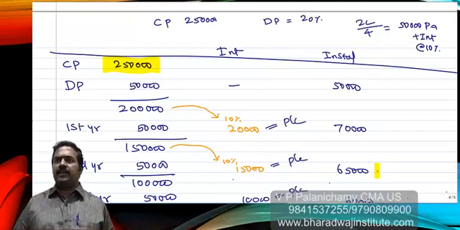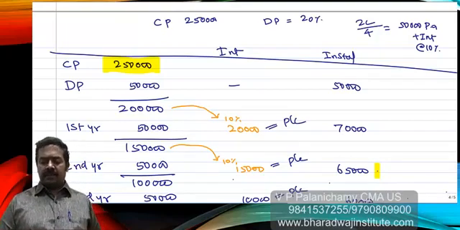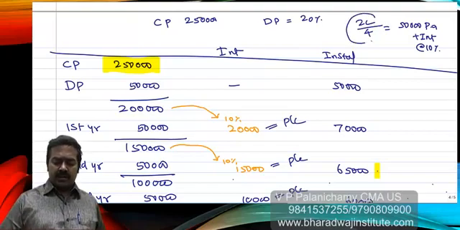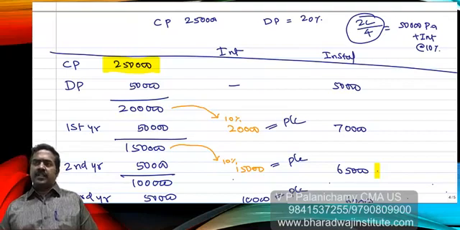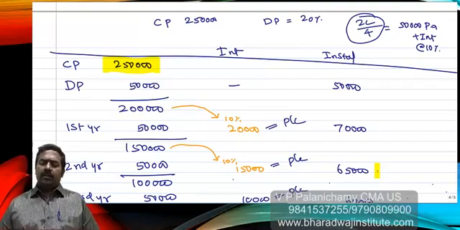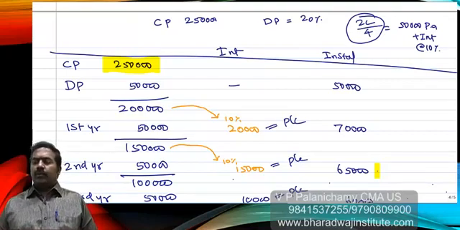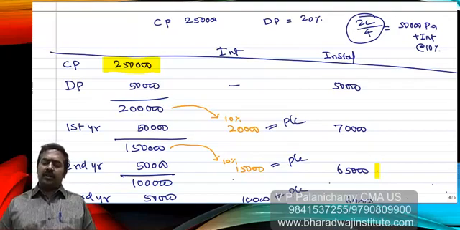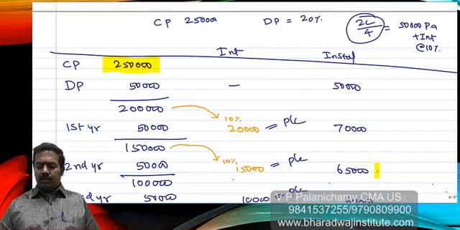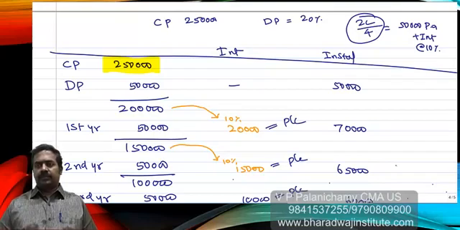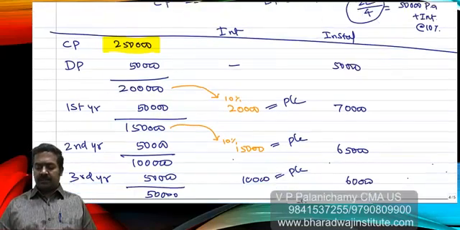Balance in 4 equal installments, together with interest 10% per annum. We'll take up the workings.